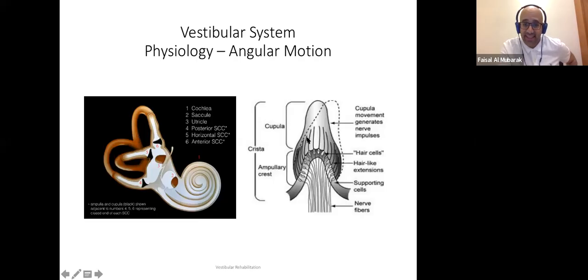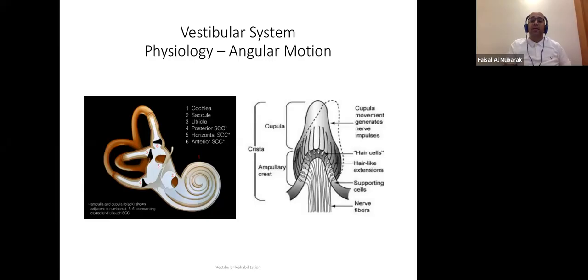So this cupula looks like this exactly. There are hair cells in the cupula, and there are nerve fibers connected to these hair cells. So what's happening now, and how can the brain know that there is motion in the body using the vestibular system?